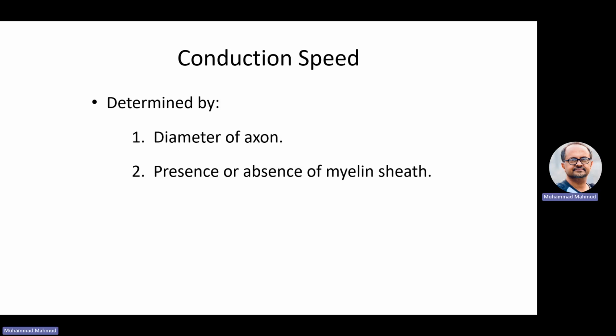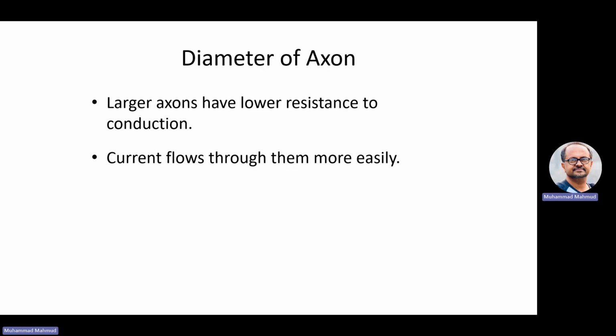The speed of conduction of the action potential is determined by the diameter of the axon and the presence or absence of a myelin sheath. The larger axons have lower resistance to conduction, so it will move faster, and current flows through them more easily if the diameter of the axon is large.